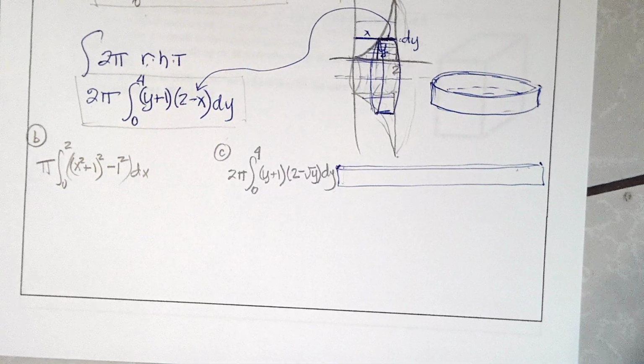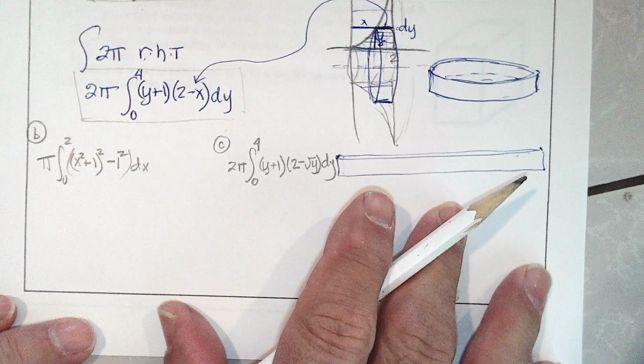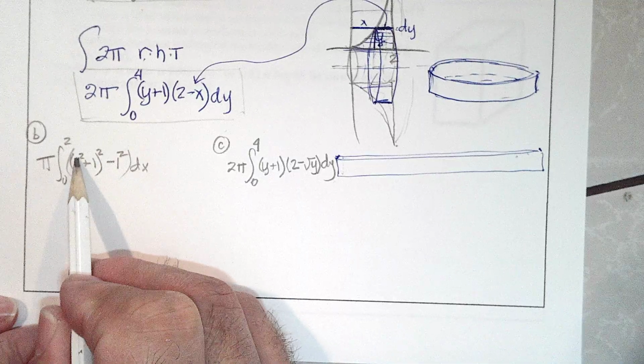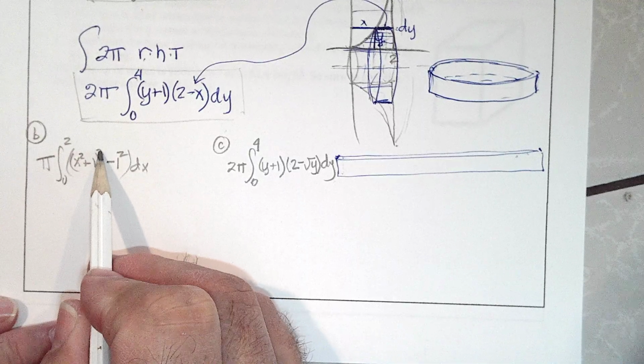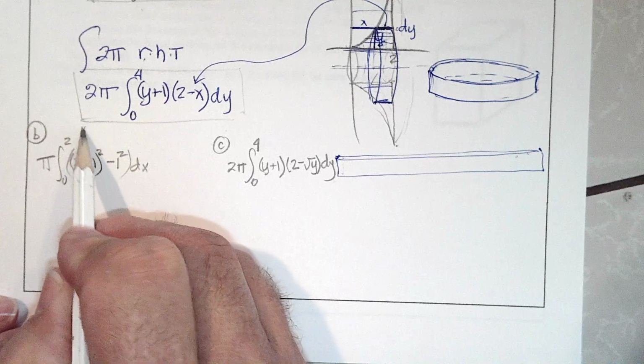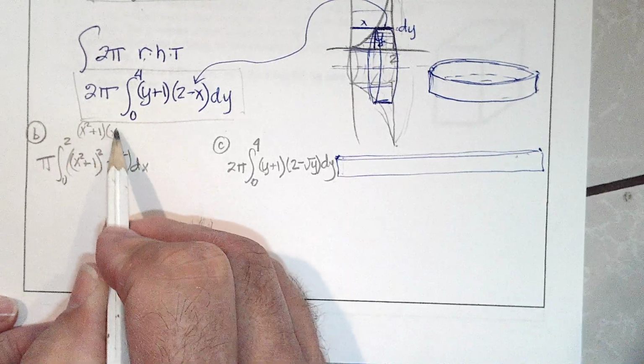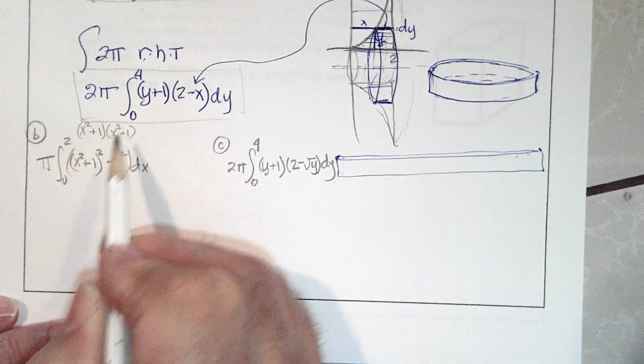Now I only need to work one of these out, but I'm going to work them both out here, hopefully without too many errors. So if I got x squared plus 1 and I got to square it, I got to take x squared plus 1 times x squared plus 1.